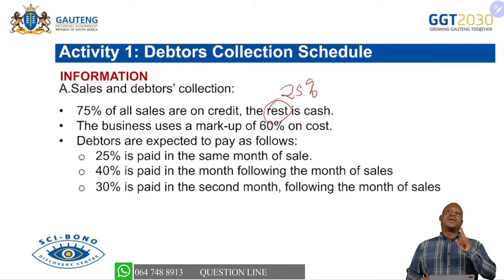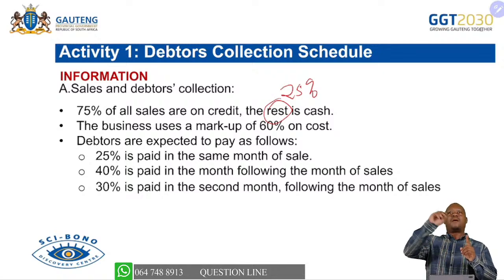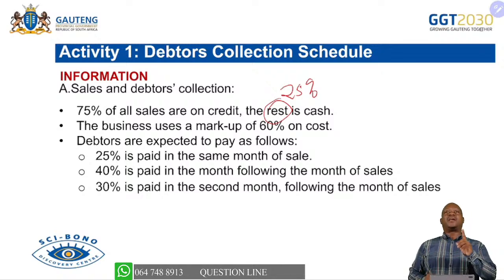It means sell in January, you are not going to receive this 30% until March. So we are saying you receive 25% in January, 40% in February, and then 30% in March. So it therefore means it's taking you about 3 months to collect money from debtors.